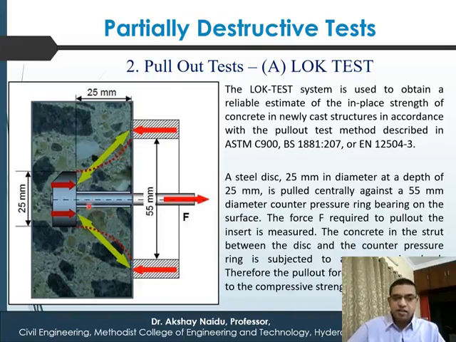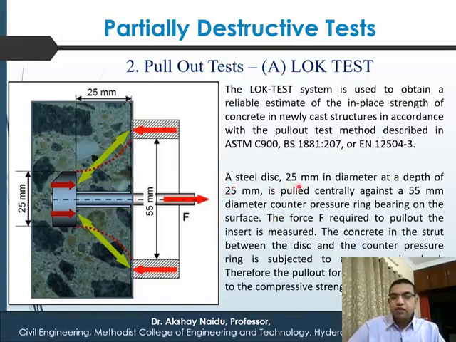So this pull-out test piece is embedded in the concrete at the time of casting. That is lok test. So lok test system is used to obtain a reliable estimate of in-place strength of concrete in newly cast structures in accordance with the pull-out test method described in ASTM C900, BS 1881-207 or Eurocode 12504-3.